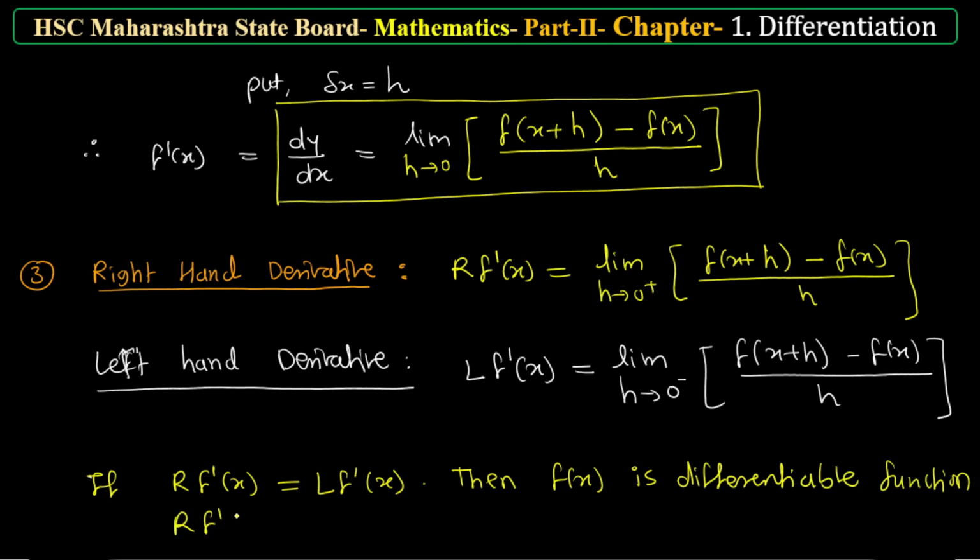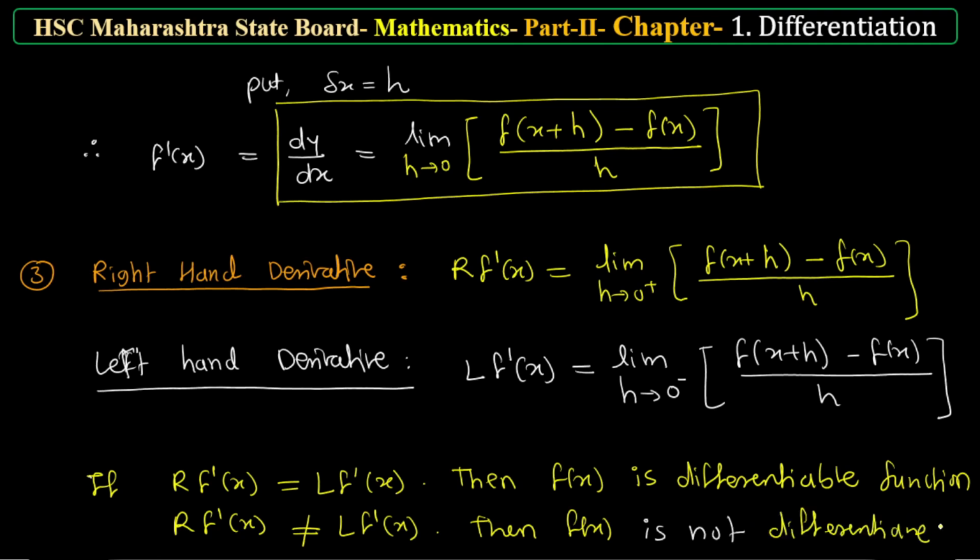Suppose the right hand derivative is not equal to the left hand derivative, then f of x is not a differentiable function. If both are equal, f of x is differentiable, and if they are not equal, then f of x is not differentiable.